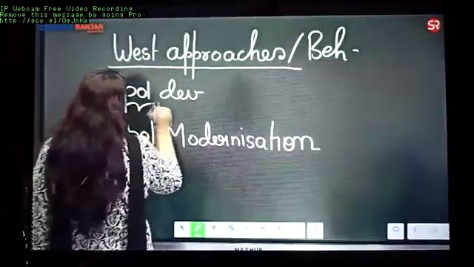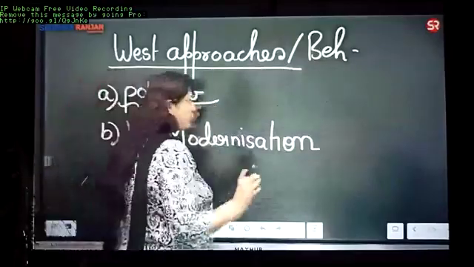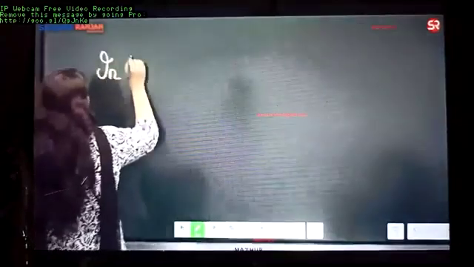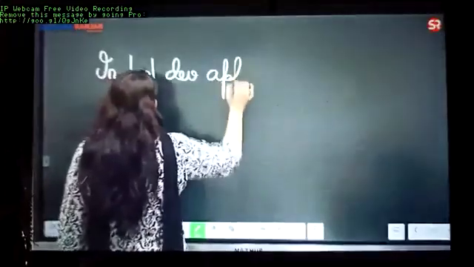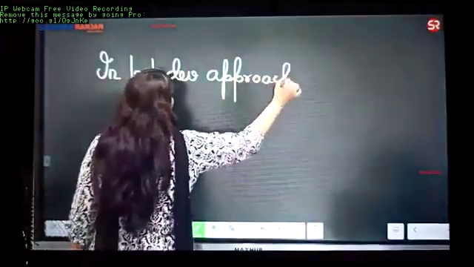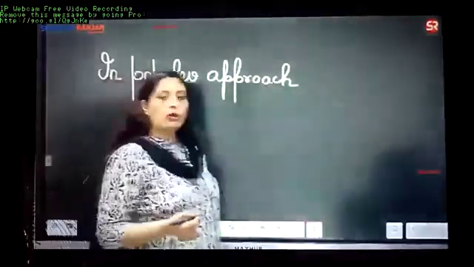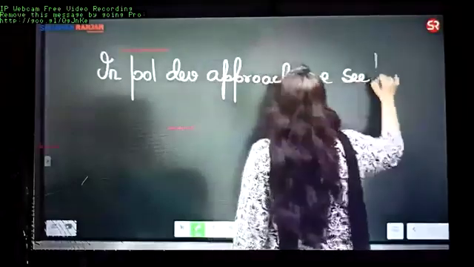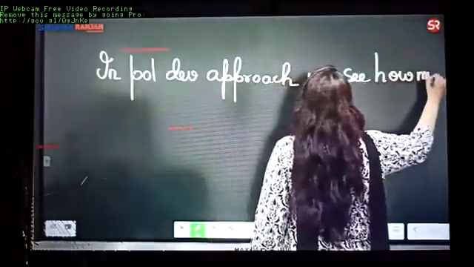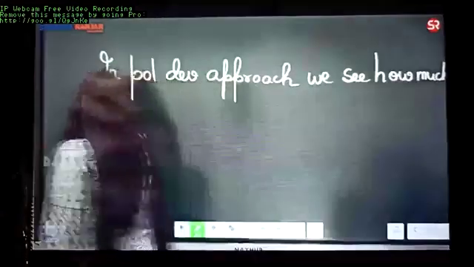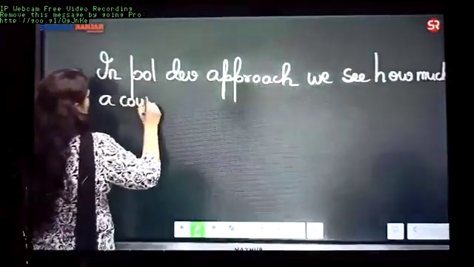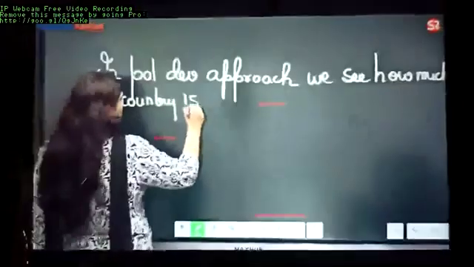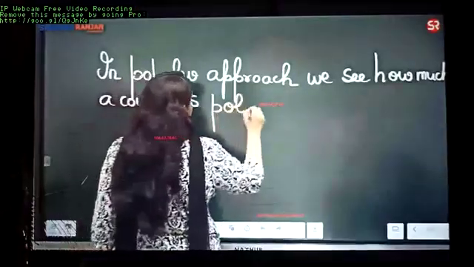So, political development approach. In short, I am saying, you can just write that in political development approach, we see how much a country is politically developed.